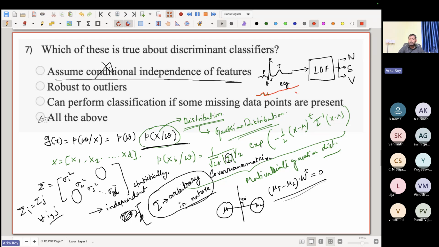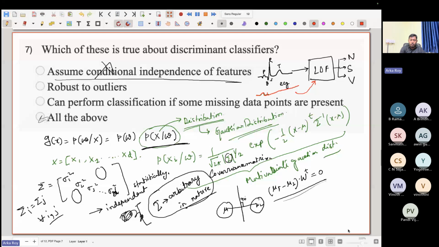Now, if you feed this particular thing to LDA, will it classify properly? Obviously it will not be able to classify properly because you are not giving the correct sort of data to the model. So obviously it will not give you a correct prediction.